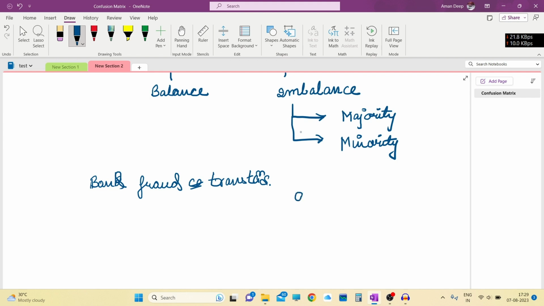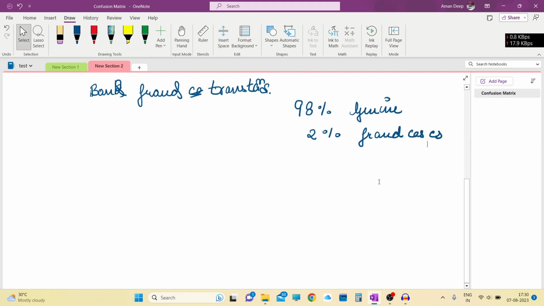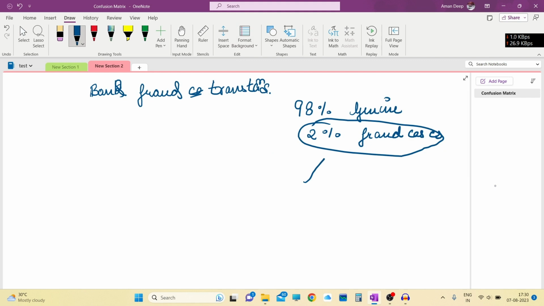Say, in bank transactions, we have 98% of the transactions that are genuine cases, which are true cases, genuine transactions. Only 2% of the transactions, or similar to 2 to 5%, 10%, a small amount of cases, will be the fraud cases. For us, in our classification problem, these 2% are the important ones.